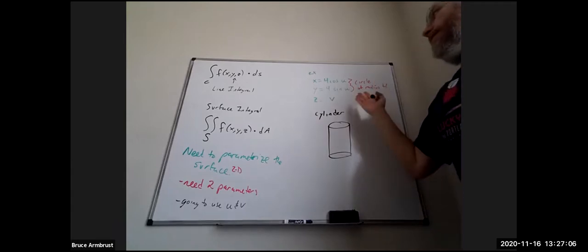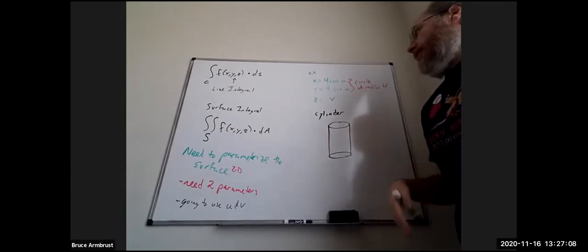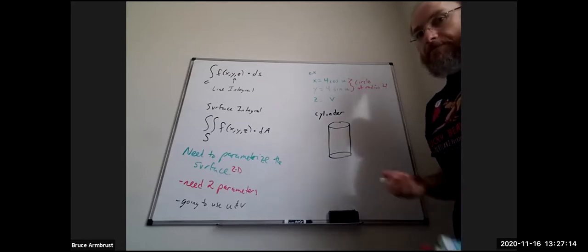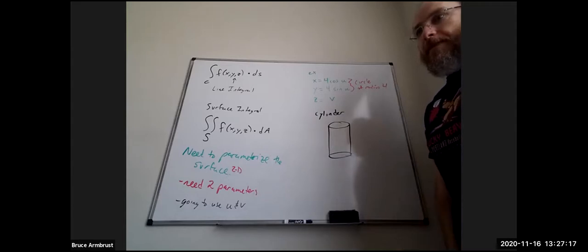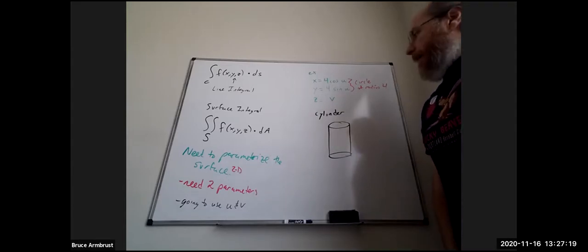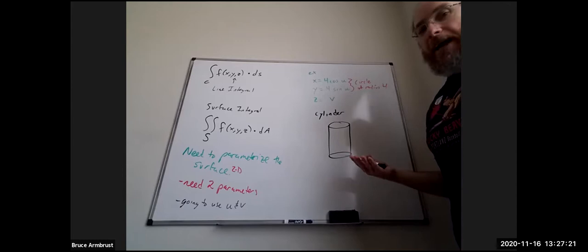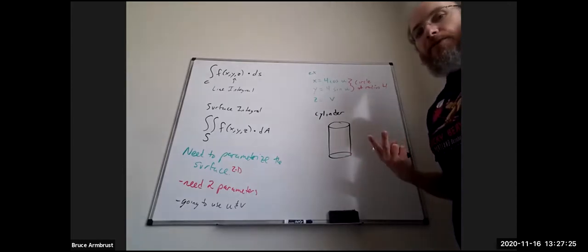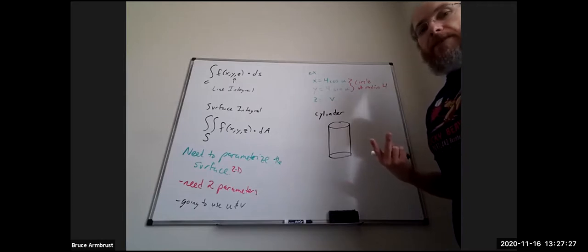So this, for example, is a parameterization of a cylinder. All right, so this is kind of how they play out, just like before, except we have to keep track of 2 parameters and see what's happening with them.